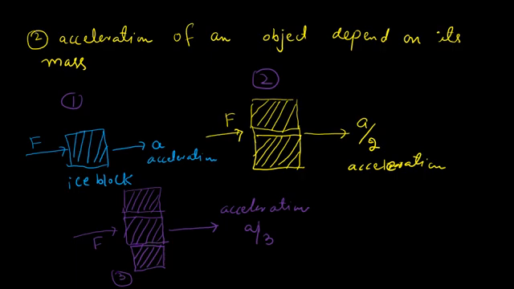So from here we can conclude this experiment, and we can get our second result, that is, acceleration of an object is inversely proportional to the mass of an object. When you increase the mass, it will reduce the acceleration.